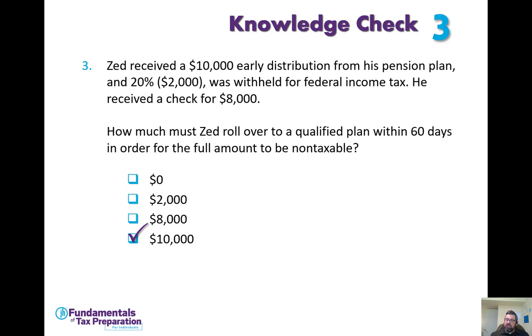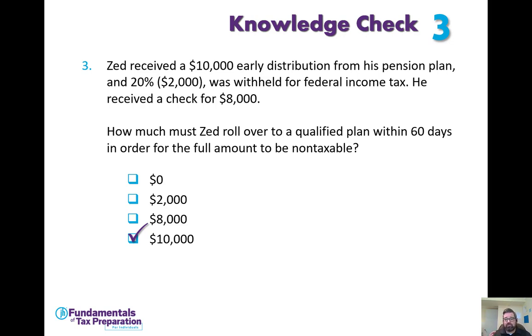He'd have to, unfortunately. So there are 2 different ways that you can make a distribution. You could take money out and they're going to say, is this for a rollover? And you say yes, and then they can do a direct rollover, and you wouldn't have to worry about this aspect of it. But in this case, he took an early distribution, and they took withholdings.